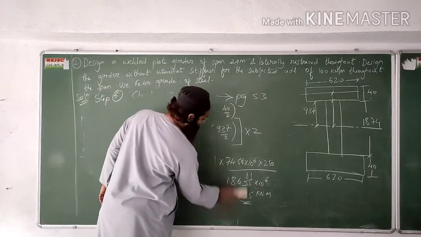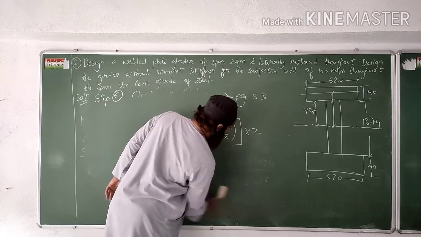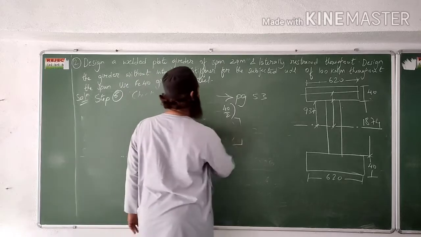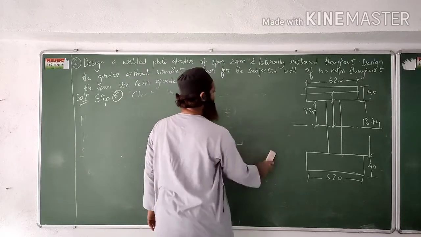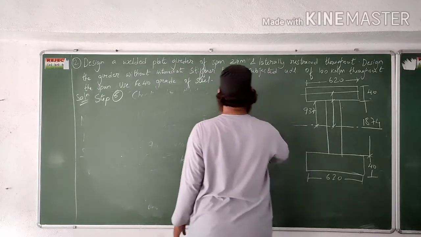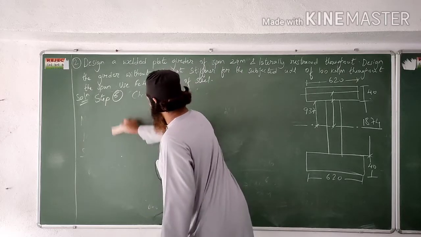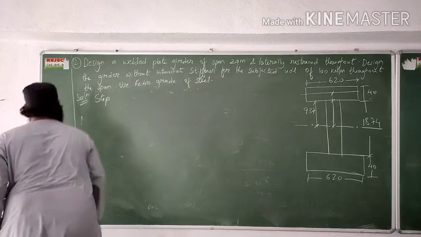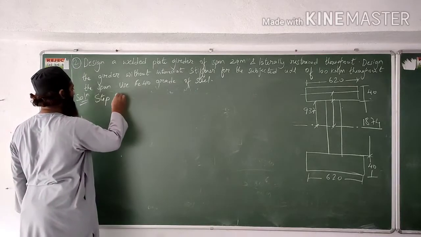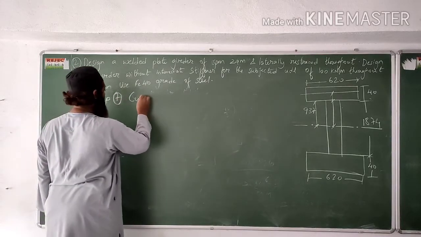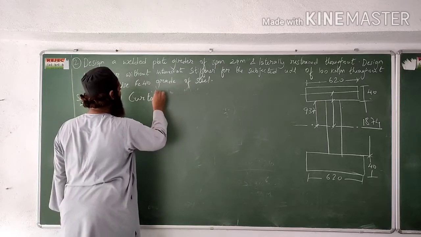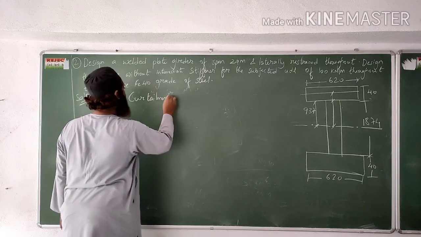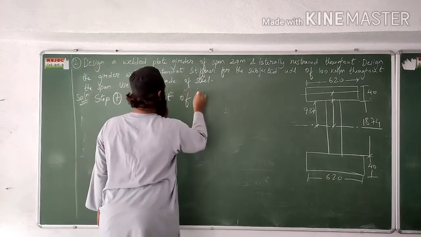Once we have curtailed the flange plates, then we will have to see the connection between the flange and the web. Let us see how we will have to curtail the flange plates.